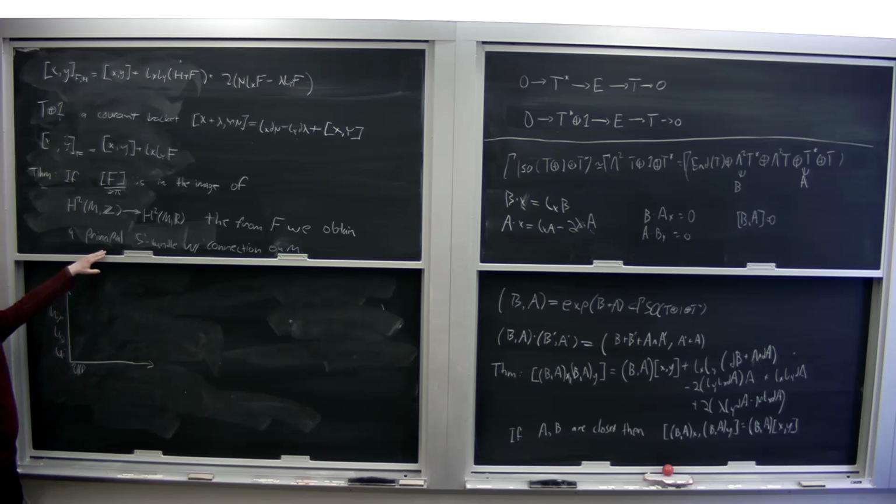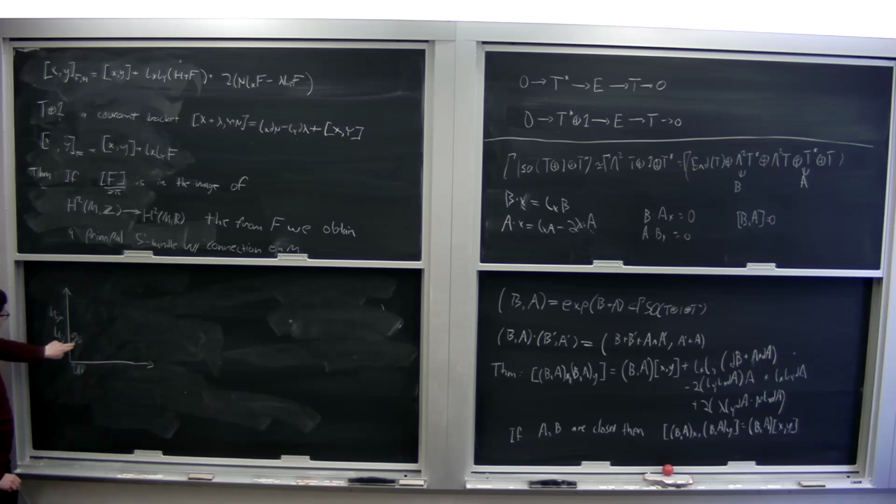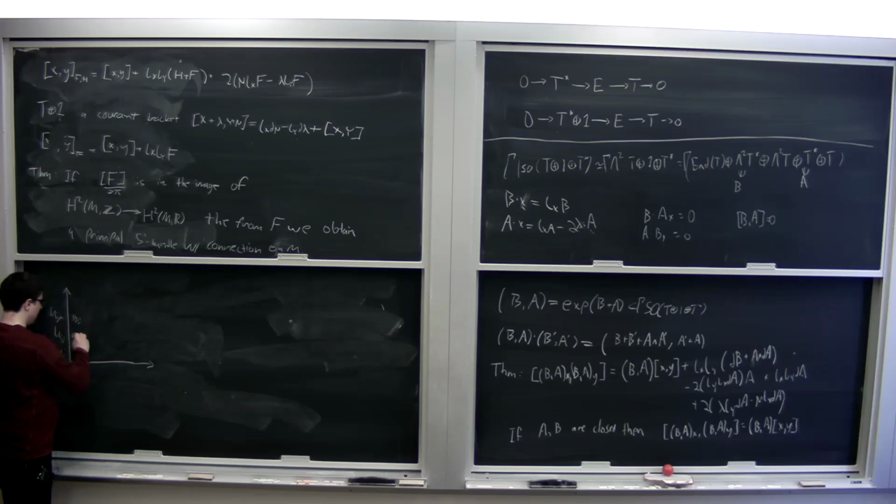And to have a principal S1 bundle, I want a function from U_ij into U1, and it has to obey the condition that delta of g_ij is equal to 1. So I want something in H1 of this complex.